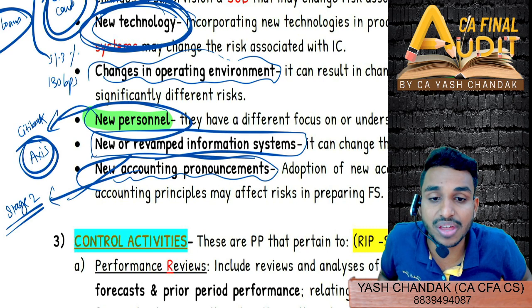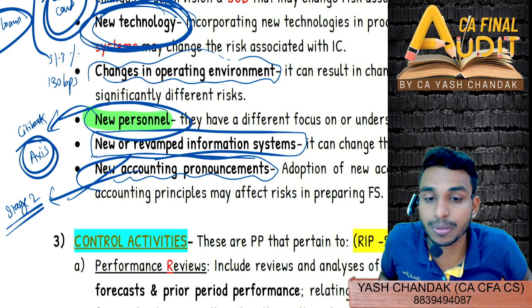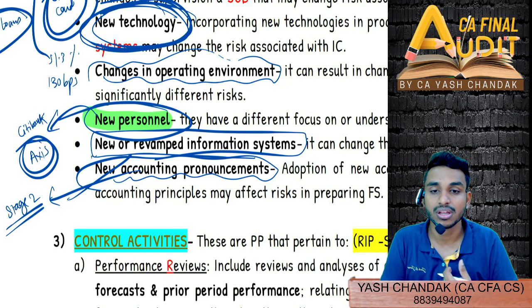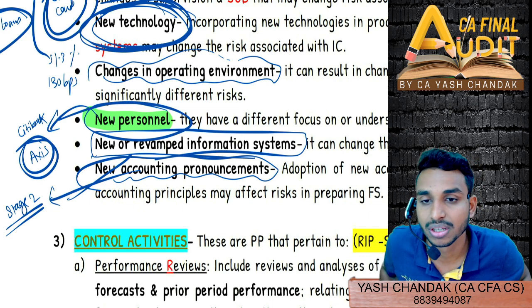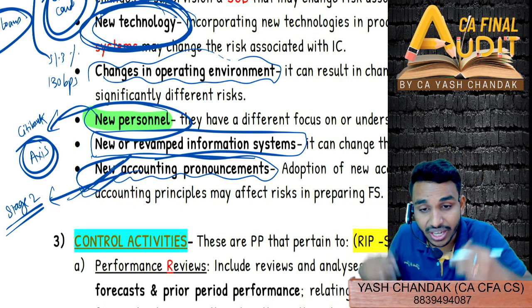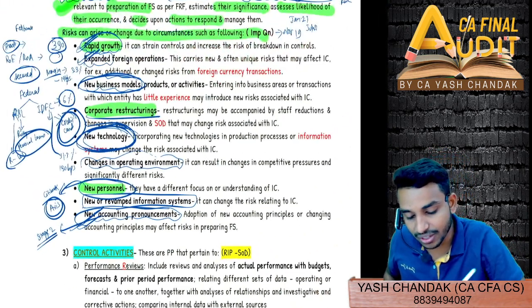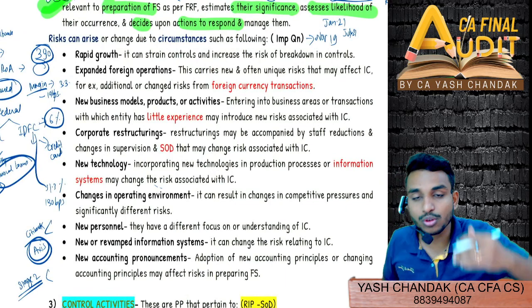But from next year onward, RBI is planning to shift the banks as well to Indian accounting standards, Ind AS. NBFCs have already been shifted to Indian accounting standards. So this could also be a change in risk, or a new risk can arise. So we need to learn all these points. These are more or less things you can go with the flow.